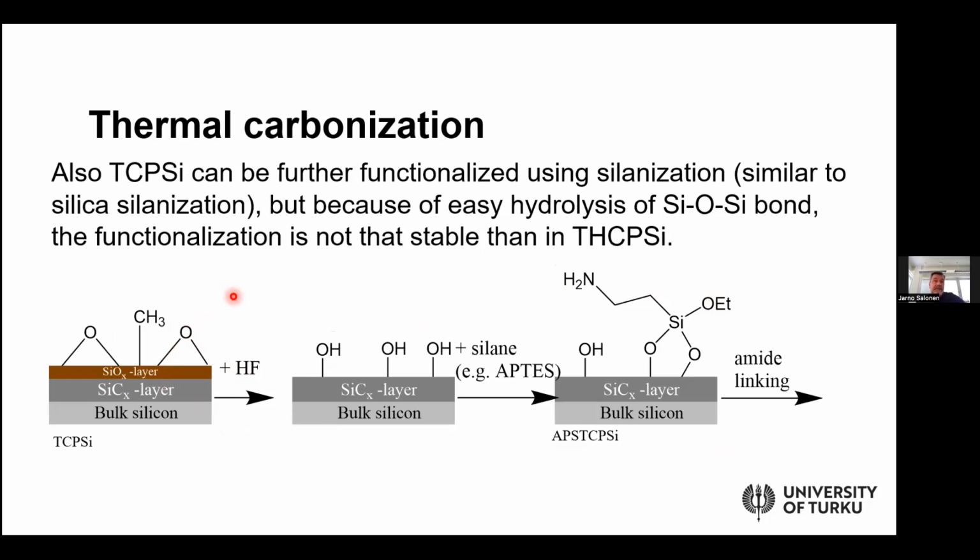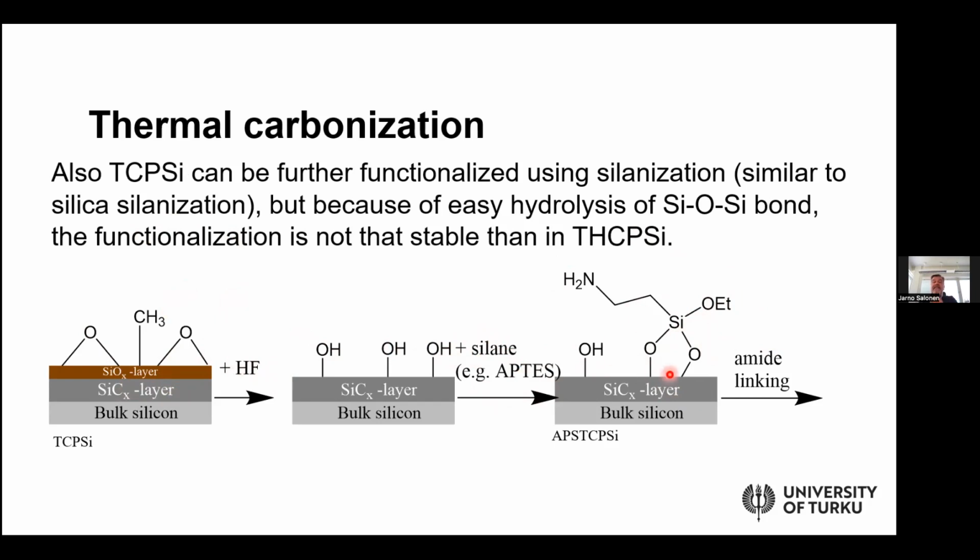If you immerse a silicon surface in HF, you get hydrogen termination on the surface. But if you dip silicon carbide in HF, you actually create OH termination on the surface. And if you have an OH termination, then you can use a silane process and attach, for example, APTES molecules on the surface.